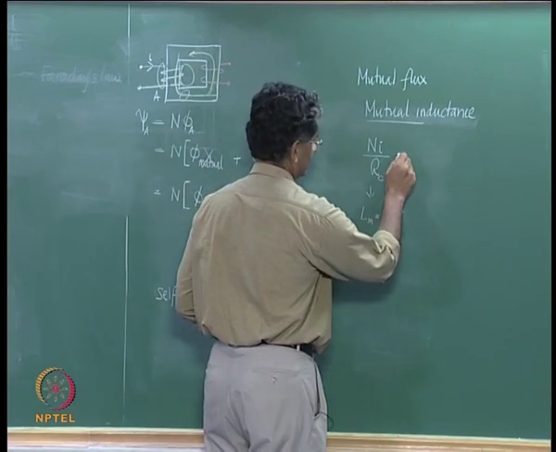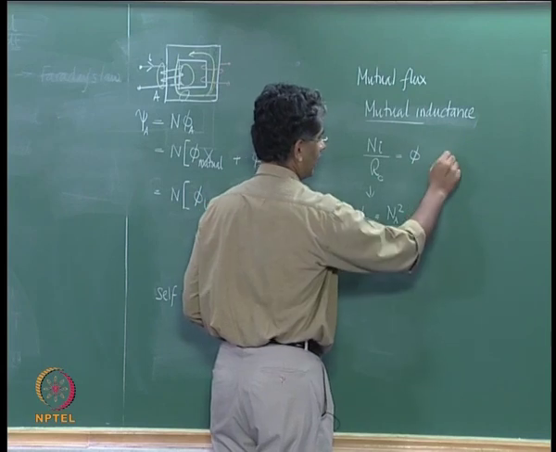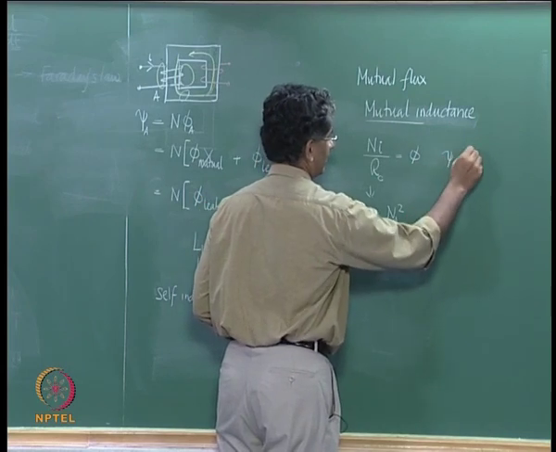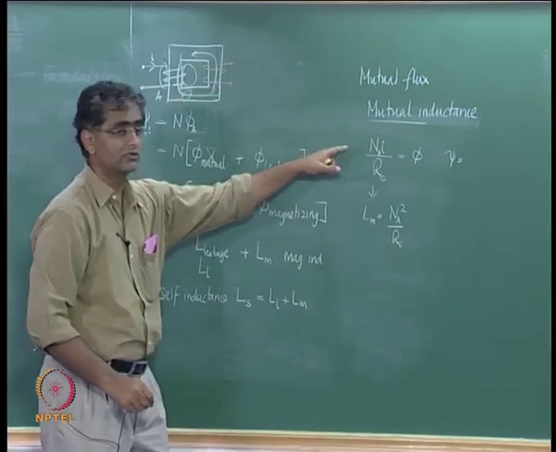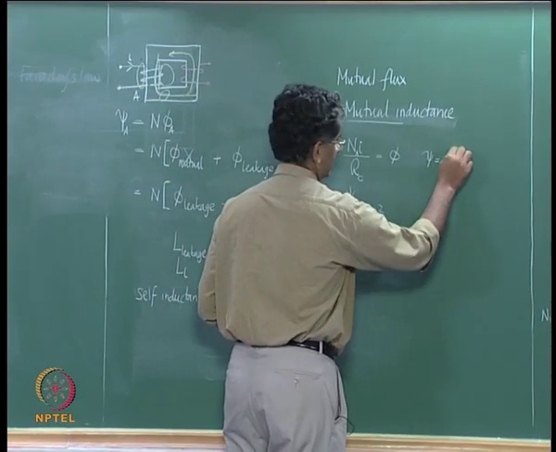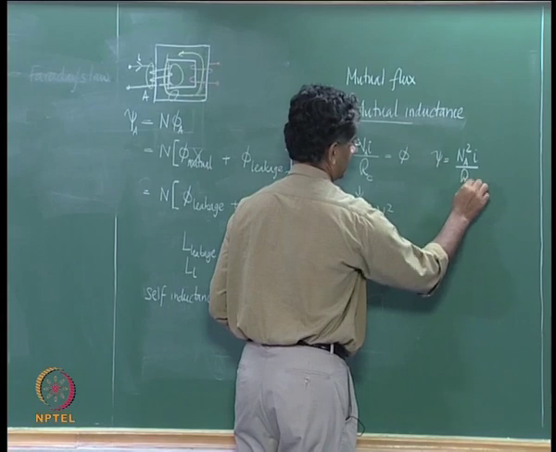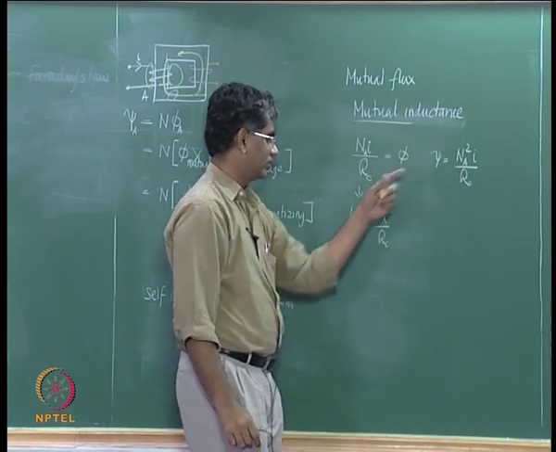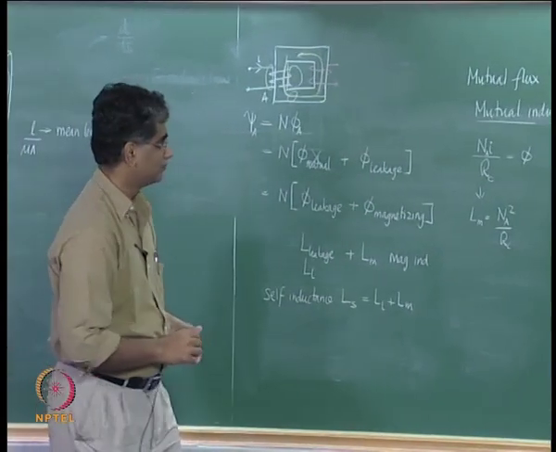Maybe to explain this, Ni by Rc is the flux, and then flux linkage is Ni, which is Na into I, because flow of current is through A. So Na into I, flux linkage is Na square into I by Rc, and from this you get the inductance as Na square by Rc.